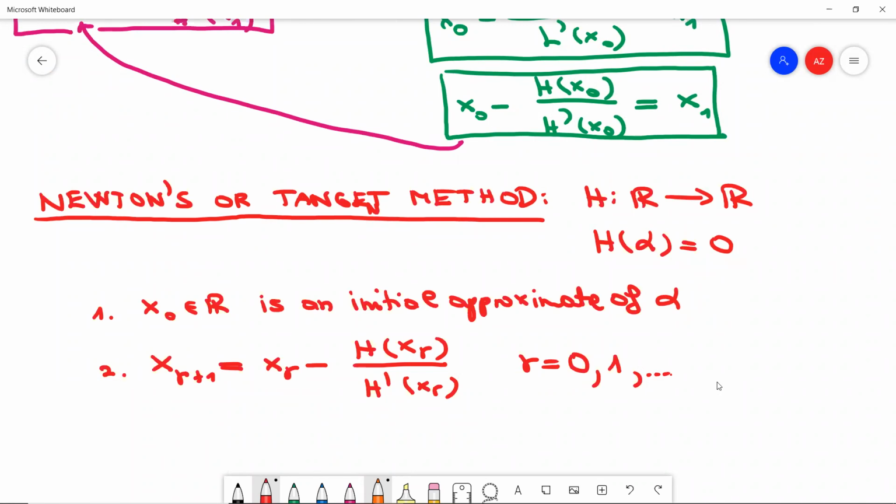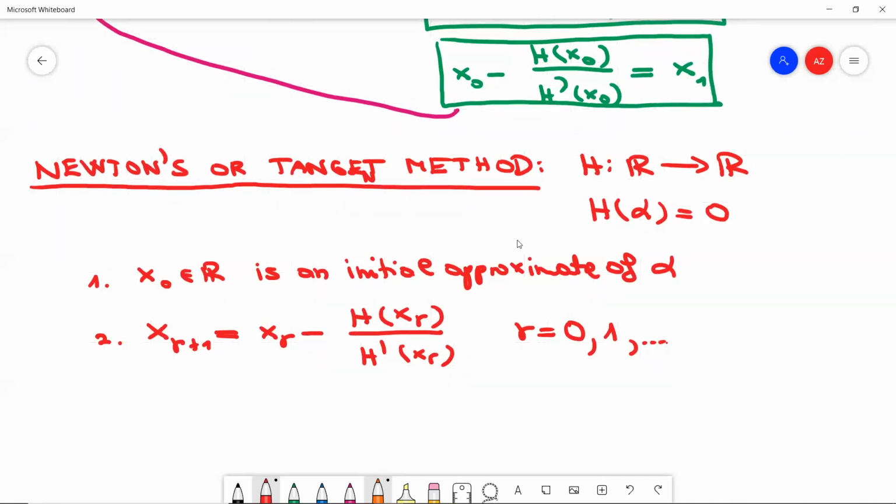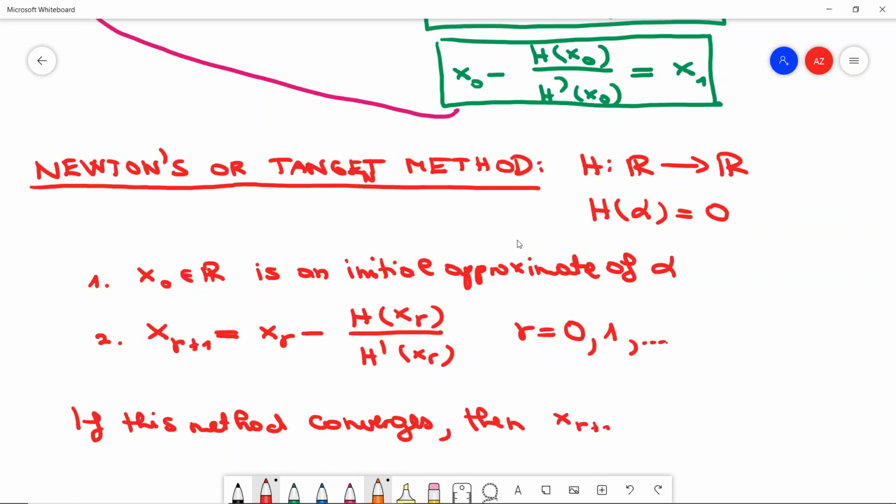So there is no guarantee that Newton's method will converge, but if this method converges, then the absolute values of the differences x r plus 1 minus x r between the last two iterates will go to 0.